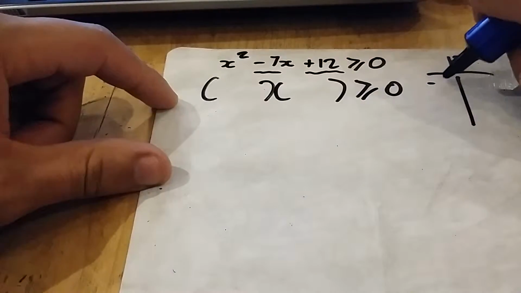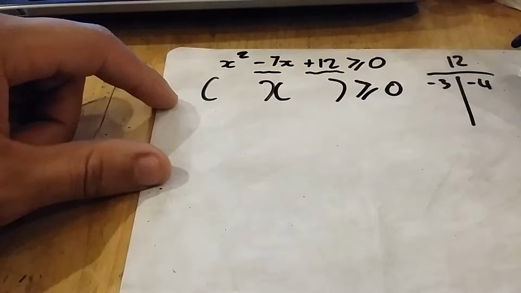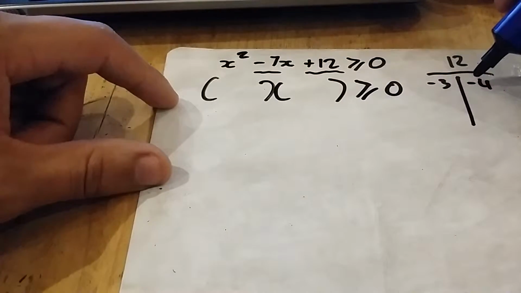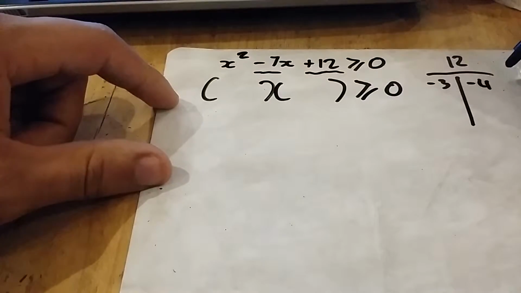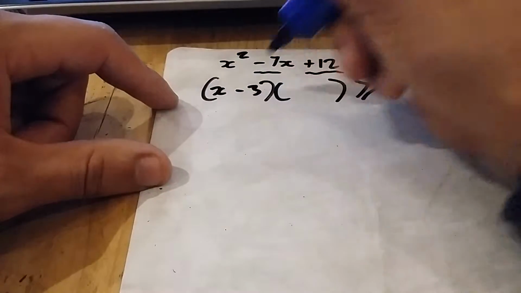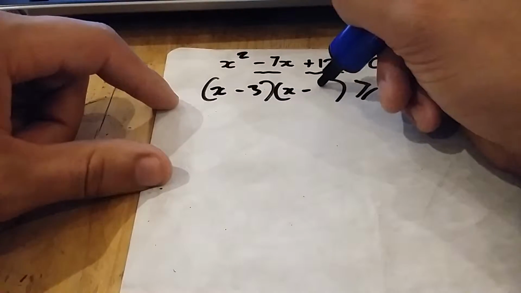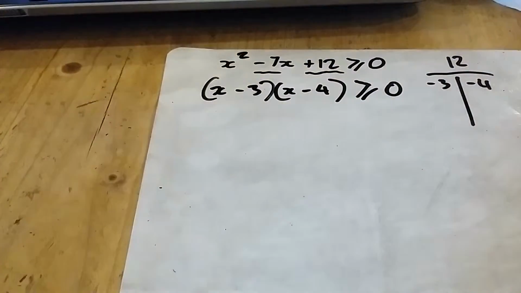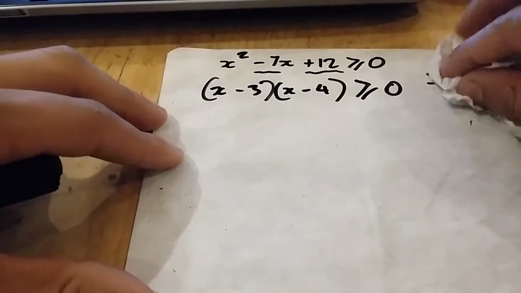Well, we've got -3 and -4, haven't we? -3 times -4 is +12. -3 add -4 is -7. So I can put into my brackets (x - 3)(x - 4) is greater than or equal to 0.